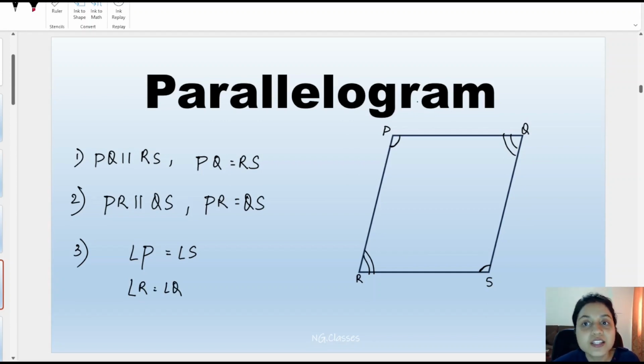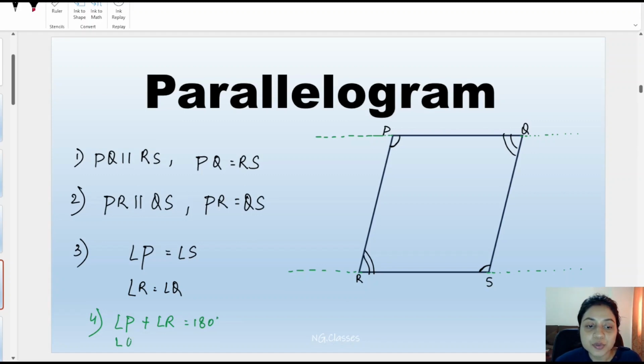Now here also, since PQ is parallel to RS, if we extend the sides PQ and RS, we will see that PR works as a transversal in between the two parallel lines PQ and RS. So the sum of angles P and R will be 180 degrees. Why? Because they are interior angles on the same side of the transversal. So angle P plus angle R is equal to 180 degrees.